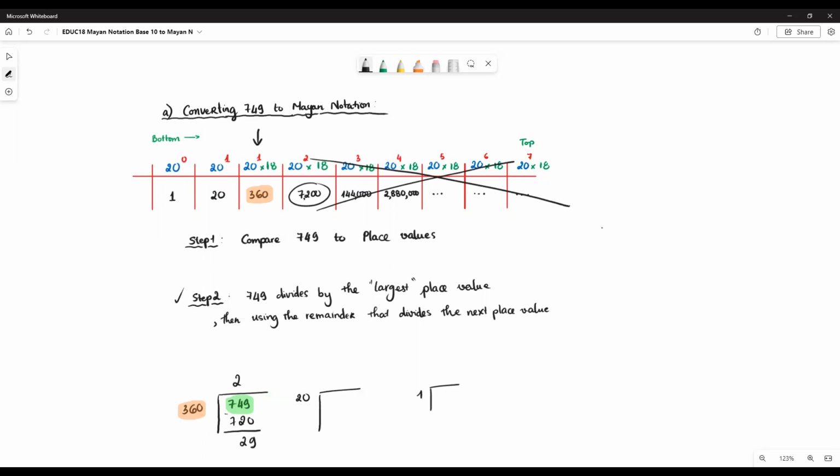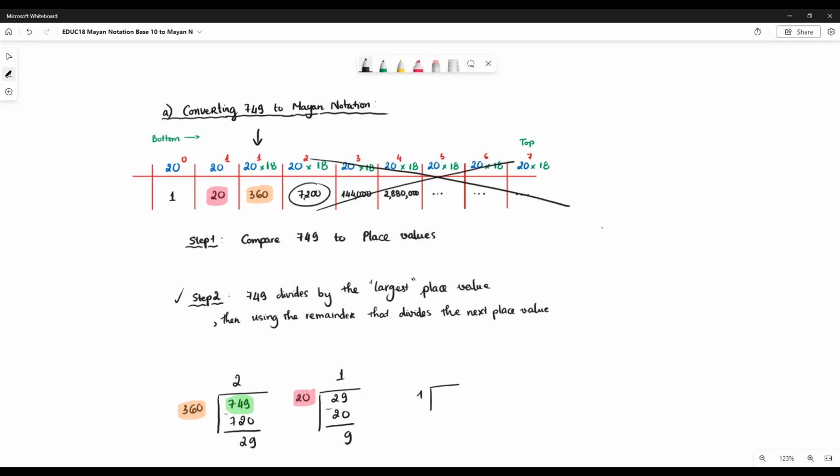Next, we use the remainder 29 and divide by the next place value, that is 20. So 29 divided by 20 is 1. 1 times 20 equals 20, and the remainder is 9.